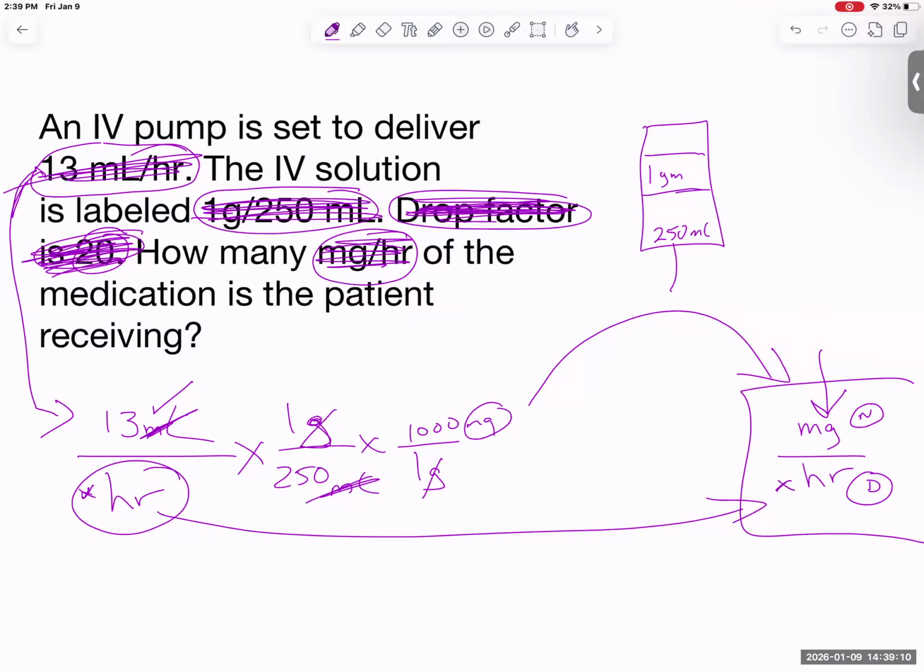And if you look at calculations as a gamification of getting rid of things and trying to solve, you could actually have fun with it. I know right now it's going to be torture, but you could have fun with this. So now it's just math. When we do the math for this equation, it will be 13,000 on top and 250 on the bottom. When I divide, it will give me a solid 52 milligrams an hour.